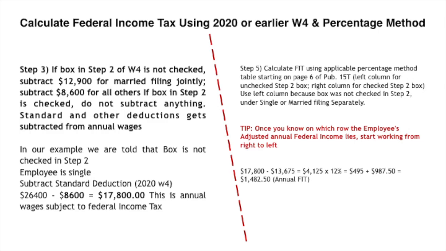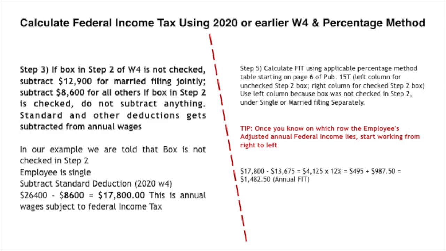So we will deduct the standard deduction from our annual income. Annual income was 26,400 and for single the standard deduction is 8,600. So we will subtract that and we are left with 17,800. This is the annual wages subject to federal income tax.